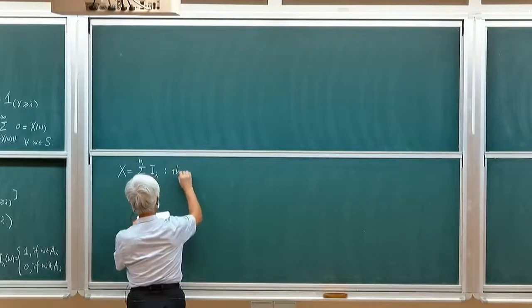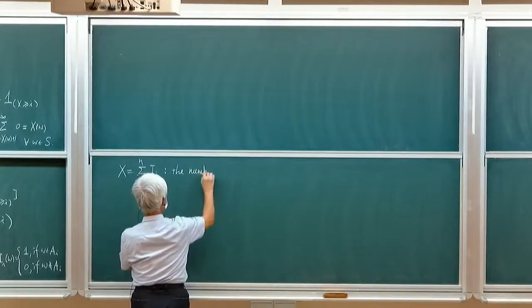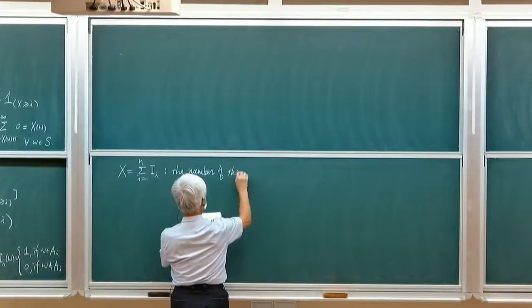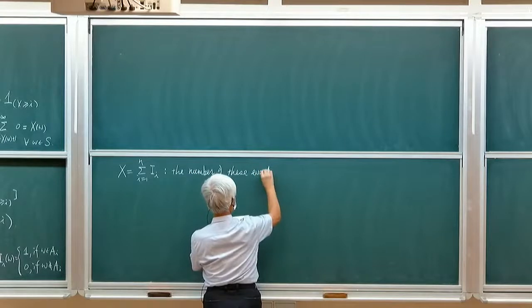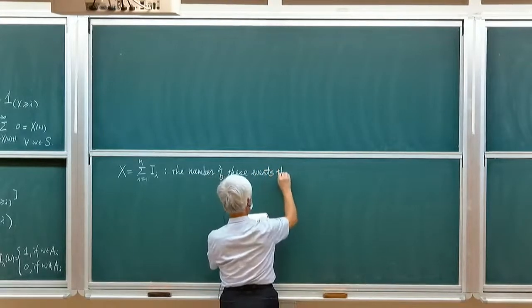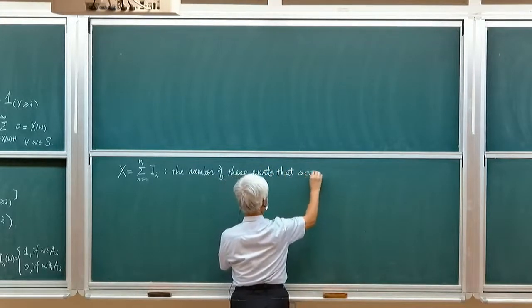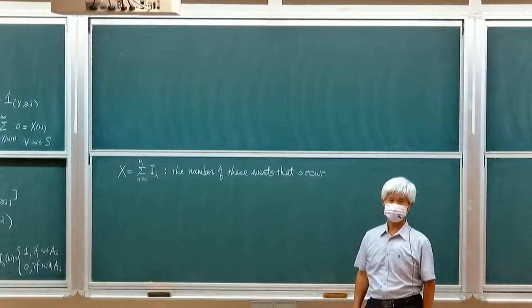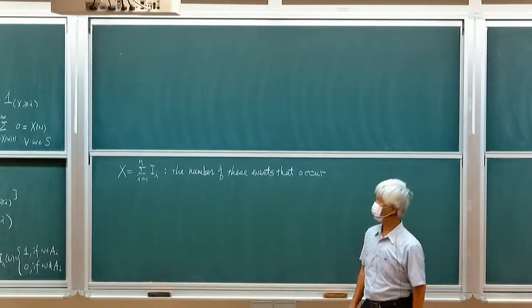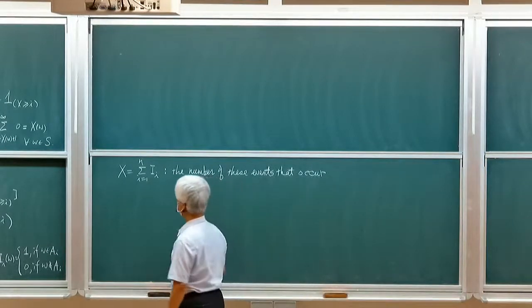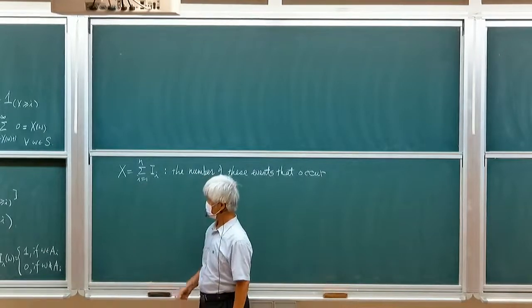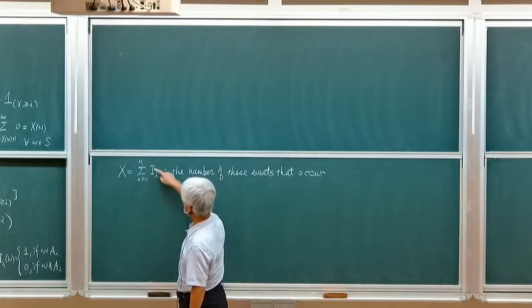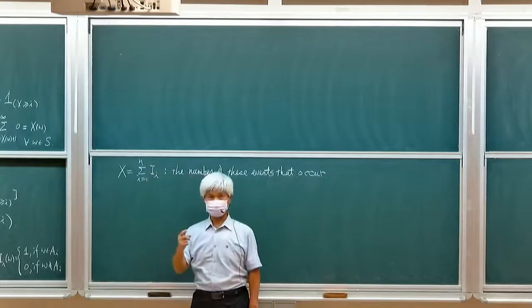This sum is the number of these events that occur. For a certain outcome omega, some of the indicators are 1, but some are 0.